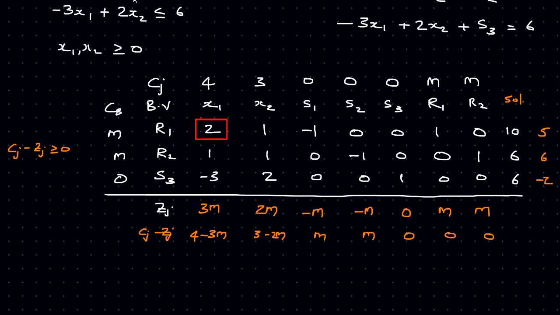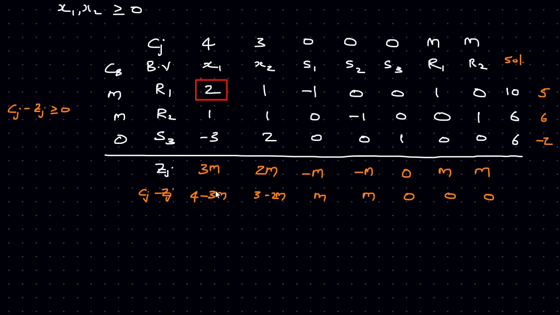Okay, so that means x1 is going to enter and r1 is going to come out from the basic variables. Okay, so let's just write that. So instead of r1 we can write x1, R2 and S3 remain the same.